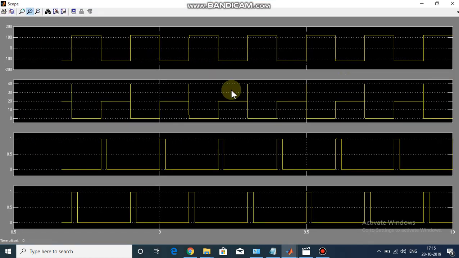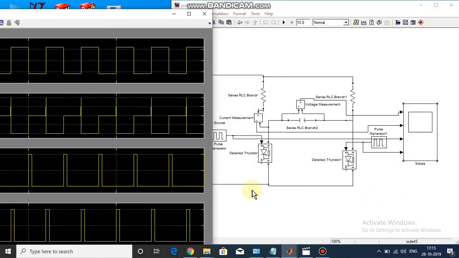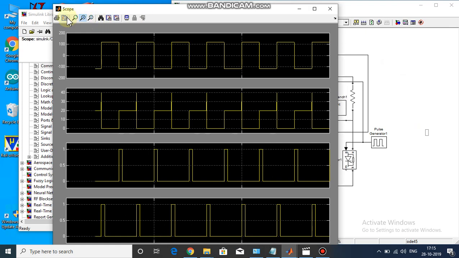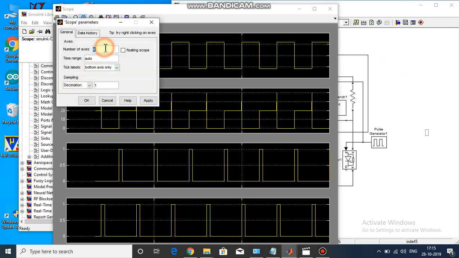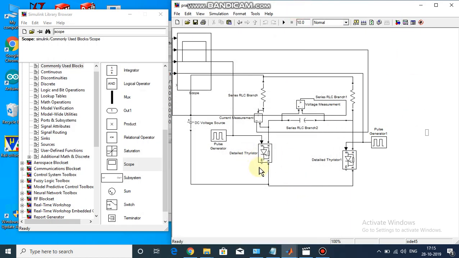Now we will look at how the current through the SCR flows. So remember that this E, we'll just add one more axis to it. We'll make our axis 5, apply, and this E terminal is what gives all the details of the SCR.